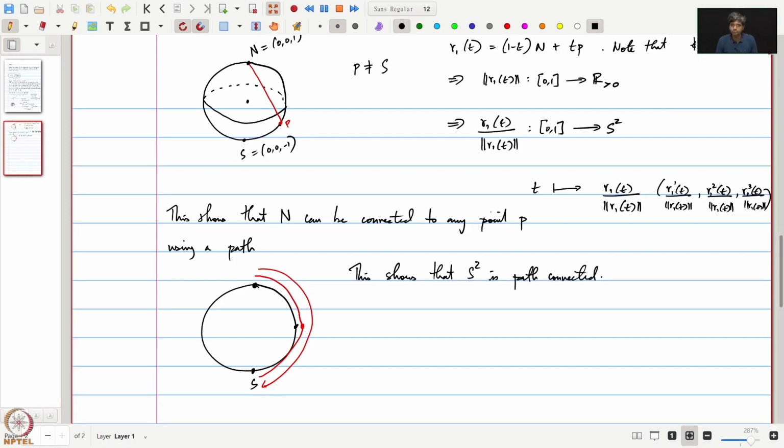How to combine two paths is something which we'll see precisely in a minute. And the same proof can be slightly modified.